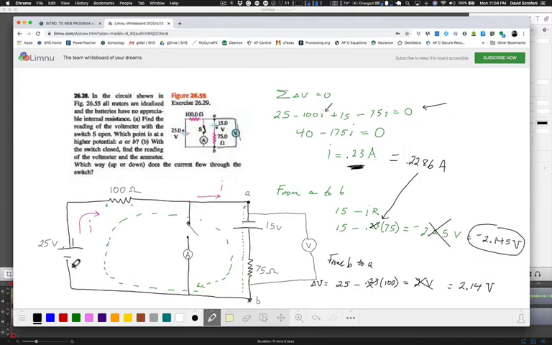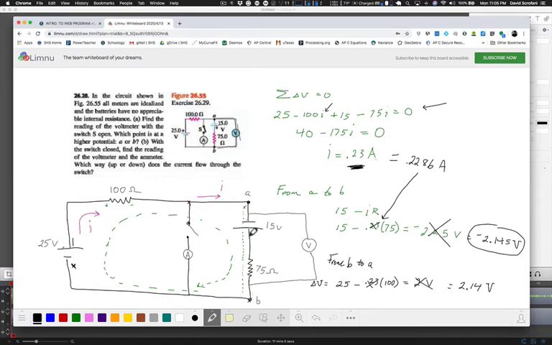So if I started at this point right here and started to walk around my circuit, at this point right here, I still have positive 2.14 volts. That is my voltage relative to this point here, which I'm assuming I'm calling ground, or 0. So I'm still in positive voltage land, and I've got to get back to 0. So as I come from here to here, overall, this appears as a drop in voltage.